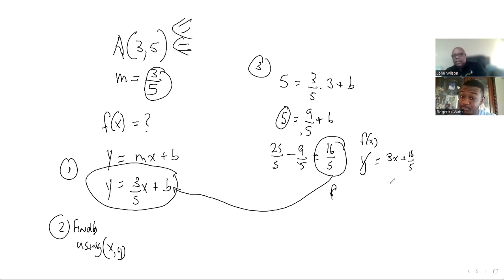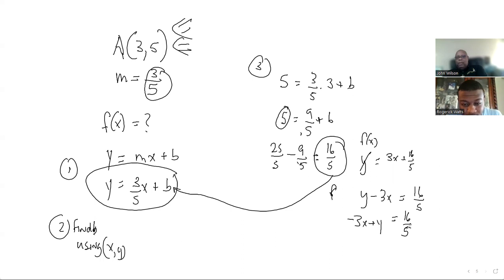Now let's get it in standard form. Standard form, we need the y, right? Yes, we do. You leave the y, then you bring 3/5 x over. You get minus 3/5 x plus y equals 16/5. Everything looks good except that. Do you remember what's wrong with this?